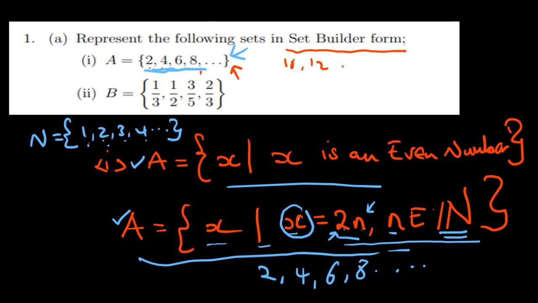Remember the AP and GP, those formulas that you find in order to describe them. It will be a bit similar to that. You're just trying to find a formula that would describe the elements in that set that are in roster form, and now we are putting it in set builder notation. All right, any questions there?